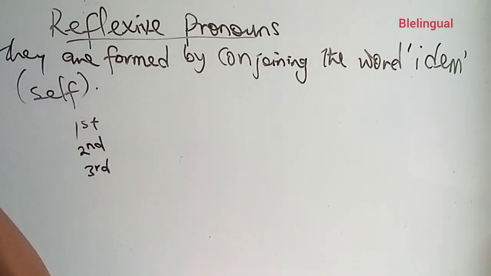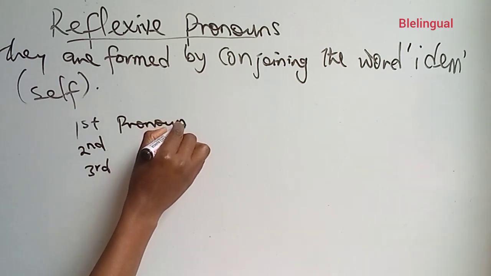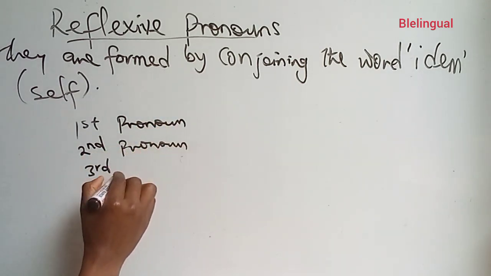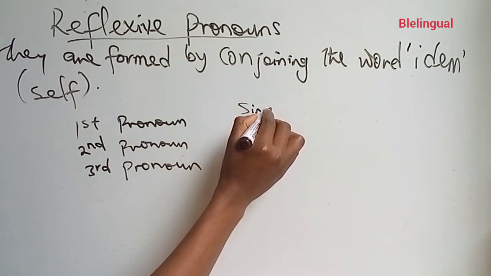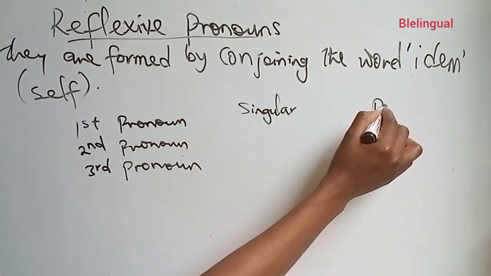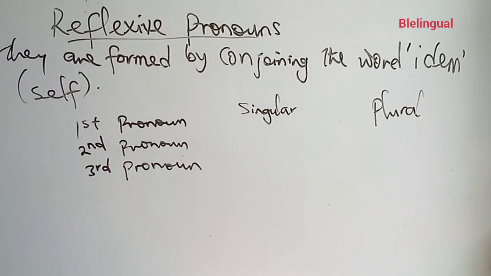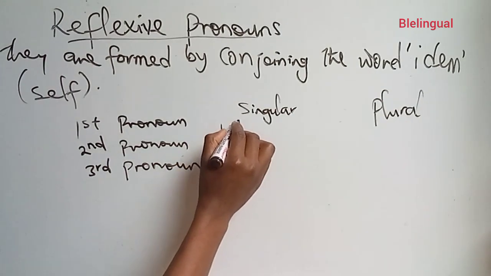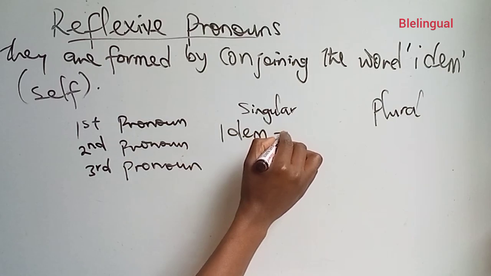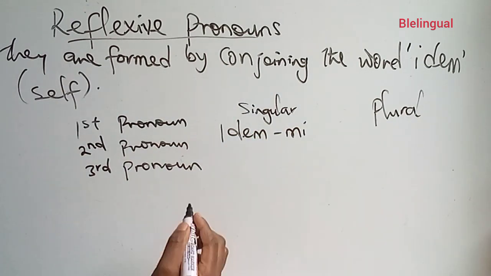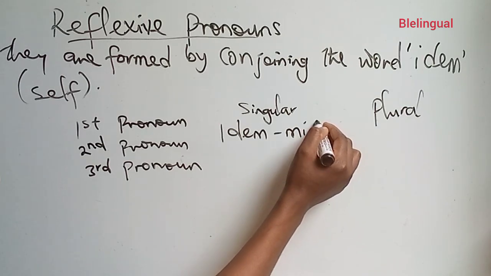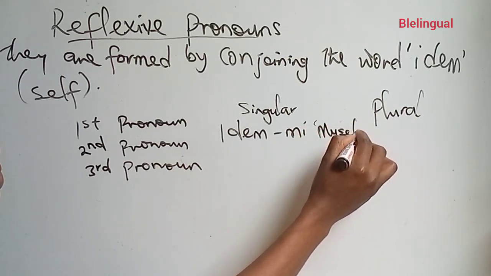We have the first, second, and third person pronouns in place. For the reflexive, in the singular and also in the plural, we have the first person as idem me. Idem me, that is myself.